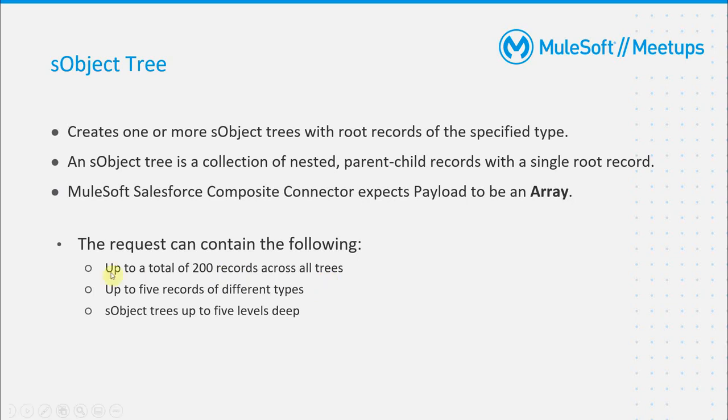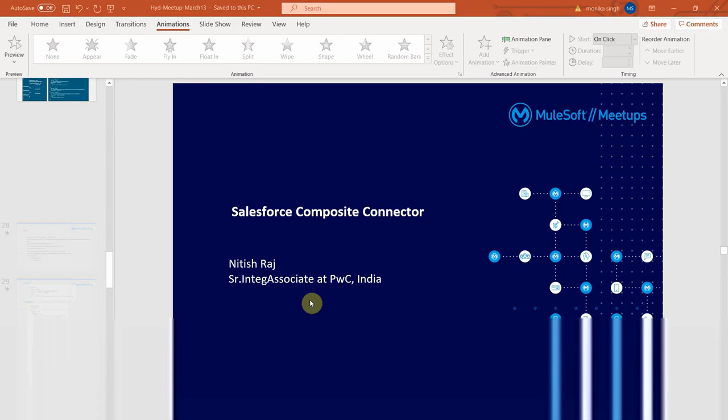But in sObject tree we can create up to 200 records across all trees. What does it mean? Okay, it depends on the next one. Let's see. It says up to five records of different types, and sObject trees up to five levels deep. What does that mean? We'll see about it.